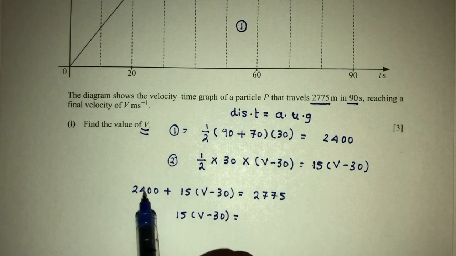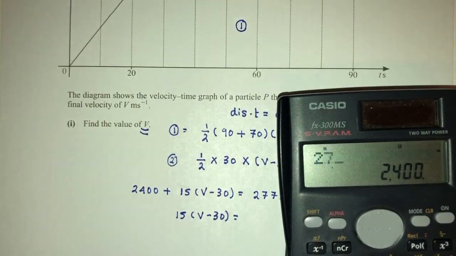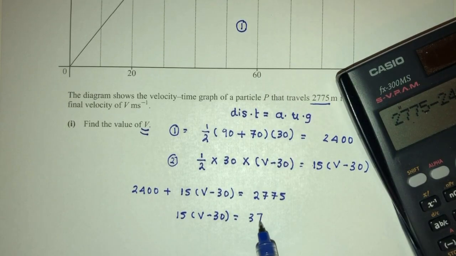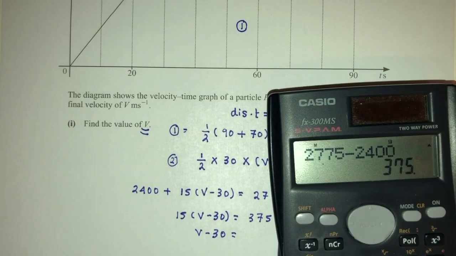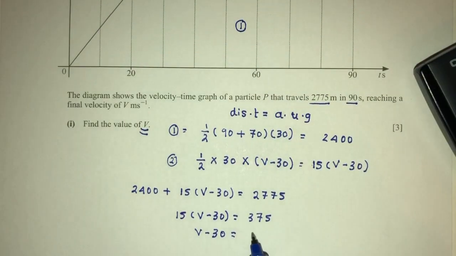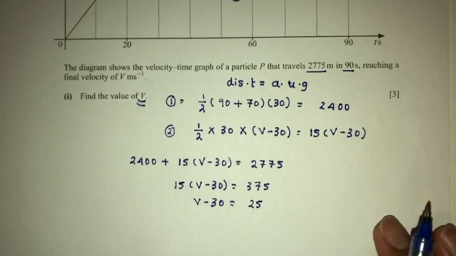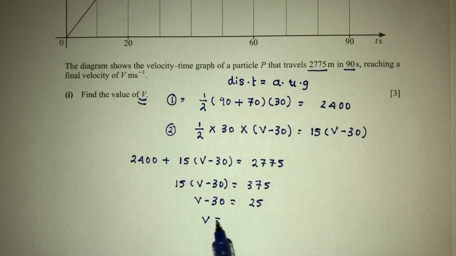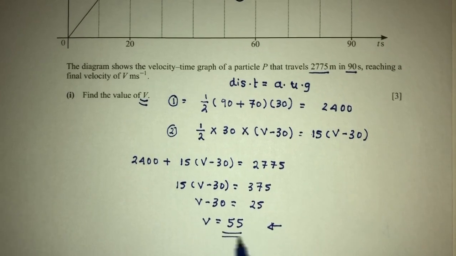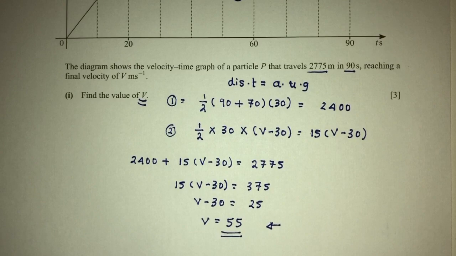We can first send this one over here, so you will have 2775 minus 2400. That will be 375. Then we can divide by 15. You will have 25. And finally, to find the value of v, we can just send 30 to the other side. That will be 55. So v is 55. That will be part 1 of the question.